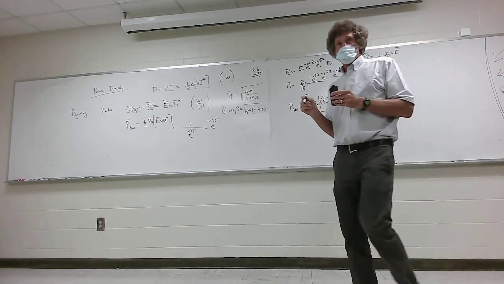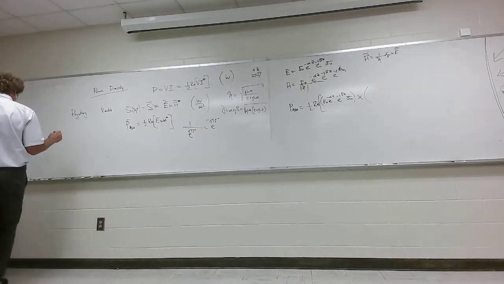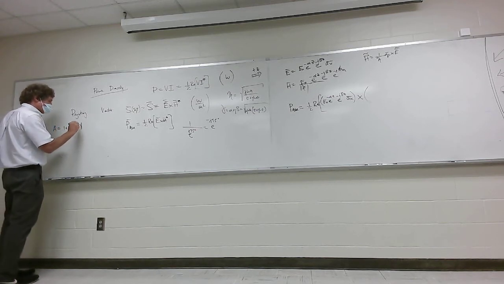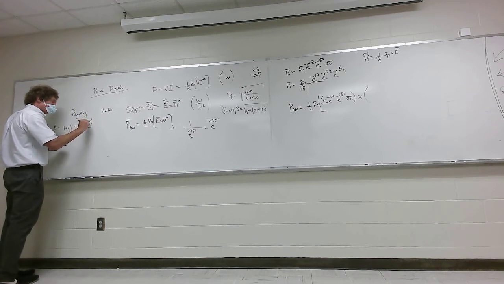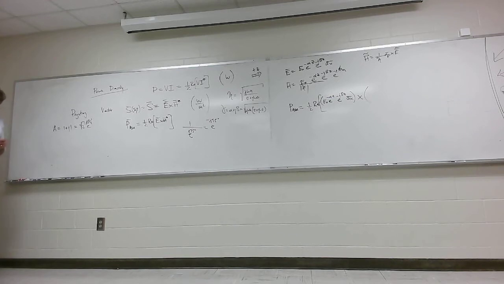Now y'all know the term conjugation. So what does that mean? If I have A equal to, say, 1 plus j1, or square root of 2 at e to the j pi over 4 radians, right? Isn't that the same thing? 1 plus j has magnitude square root of 2, it's at 45 degrees, or at j pi over 4 radians, correct?